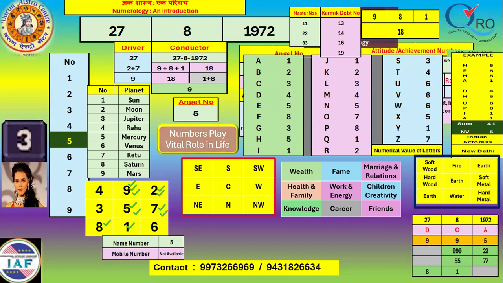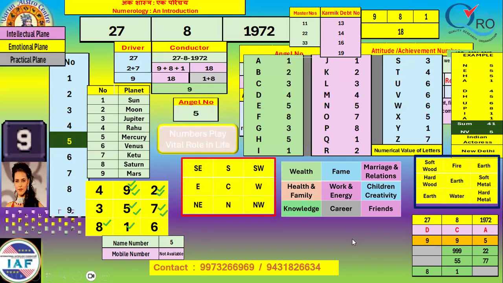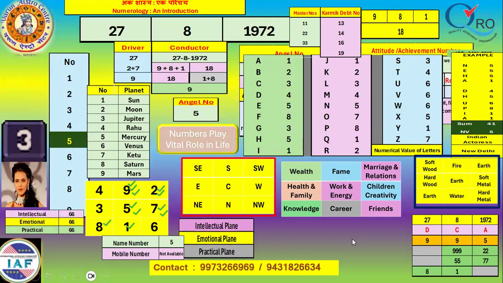And what is the impact of other numbers? So see intellectual plane. Intellectual plane consists of this first horizontal line, that is 492. For this native it is 66%. Emotional plane is also 66%.